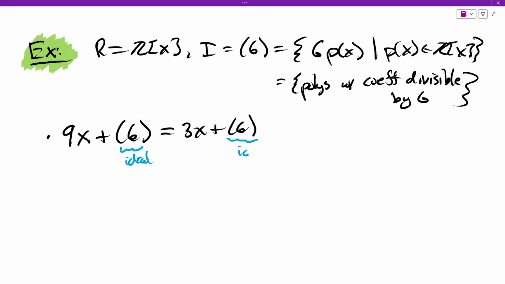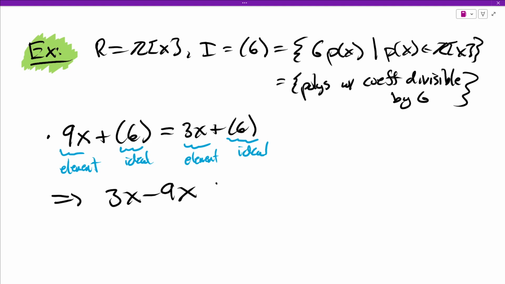This is the same ideal. And this is a ring element. This statement translates to: the difference between 3x and 9x is in the ideal generated by 6. And that's something we have to investigate. So I'm going to put a question mark here.